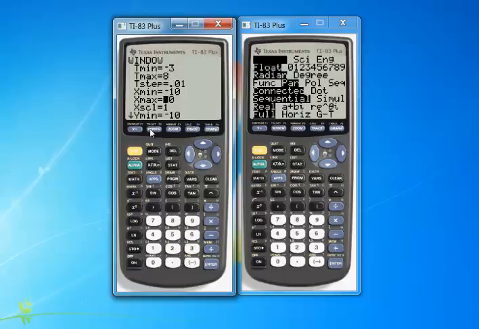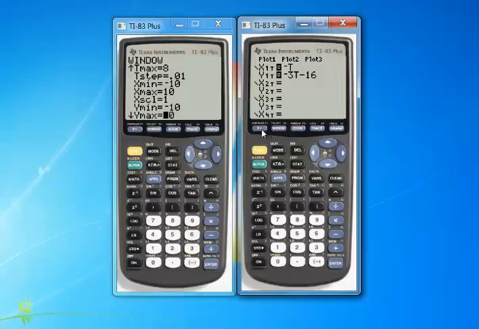X ranges from negative 10 to 10, and so is Y. Click on Y equals on the calculator on the right. We type in x equals negative t and y equals negative 3t minus 16. Click on Window. We type in t ranges from negative 8 to 3. X ranges from negative 10 to 10, and so is Y.